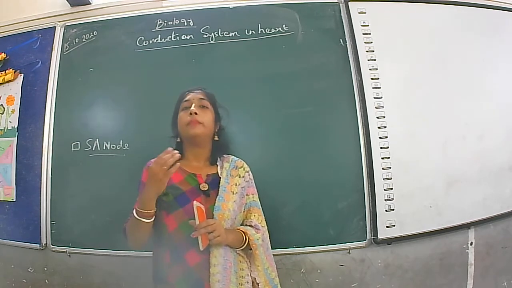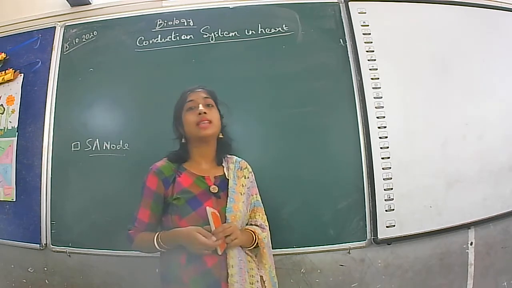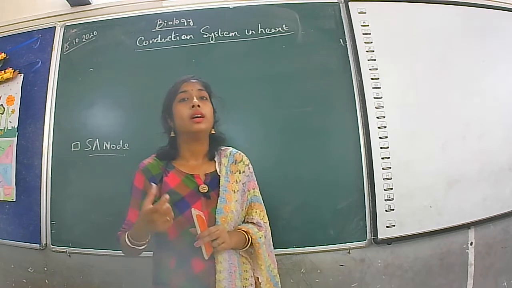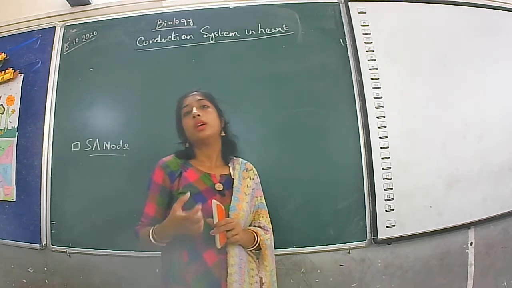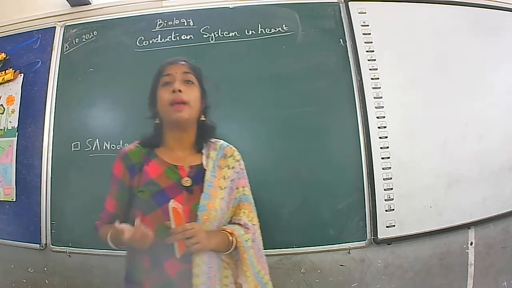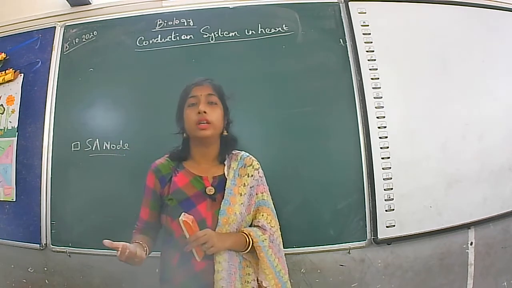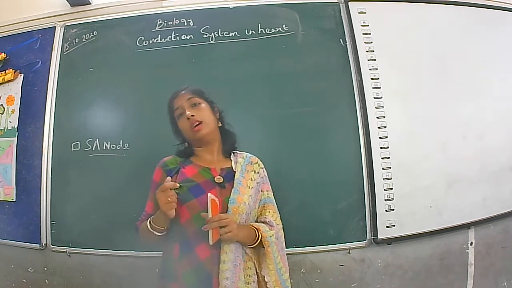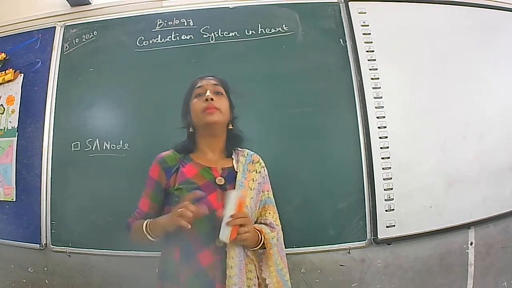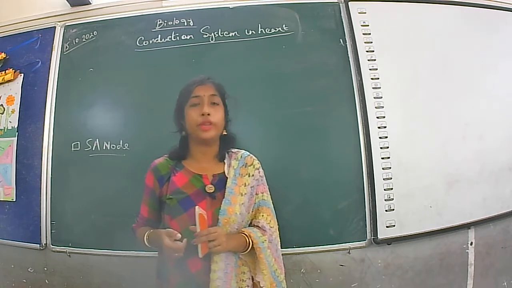In the reptiles, the sinus venosus was somewhat reduced in structure. And in case of birds and mammals, as the heart evolved, the sinus venosus got merged with the right atrium.